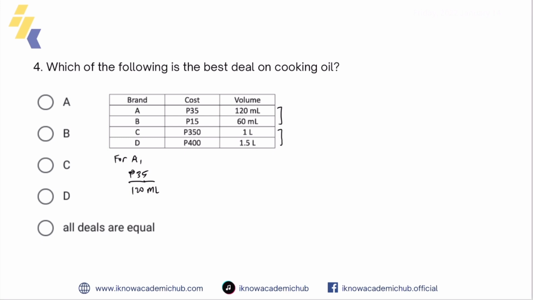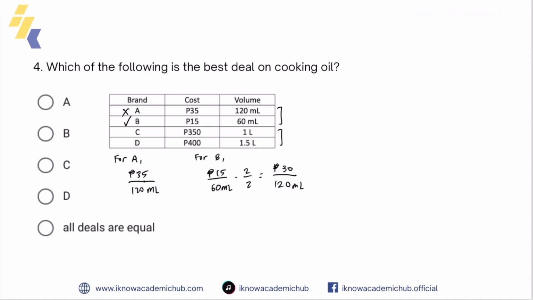Now, if we compare that for B, which is 15 pesos per 60 ml, we can have 120 ml by multiplying it by 2 over 2. Thus, we have to pay only 30 pesos per 120 ml. Meaning to say, B is cheaper compared to A.